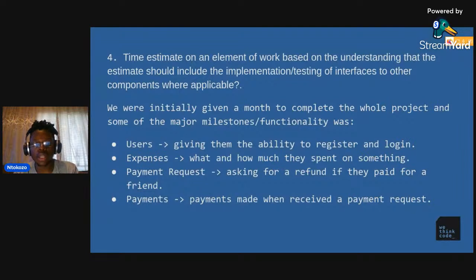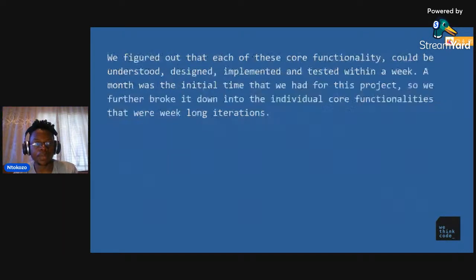Expenses, what and how much they spent on something. Payment request, asking for a refund if they paid for a friend. Payments made when received a payment request. We figured out that each of these core functionalities could be understood, designed, implemented, and tested within a week.